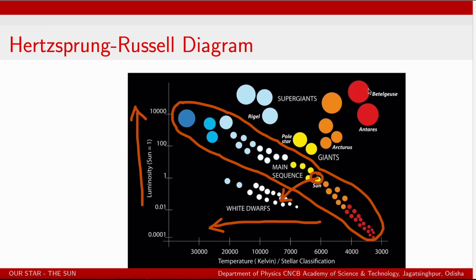This is Betelgeuse. It now exists as a red supergiant, and in the near future it is going to explode as a supernova, and finally it may end up being a black hole. So we'll go to the next slide.